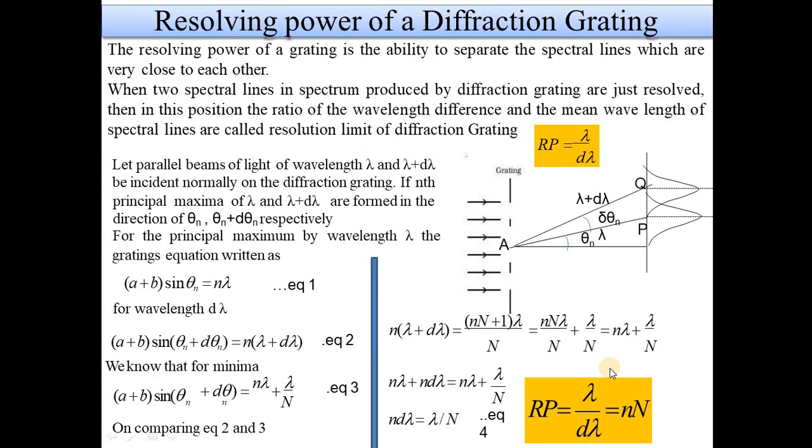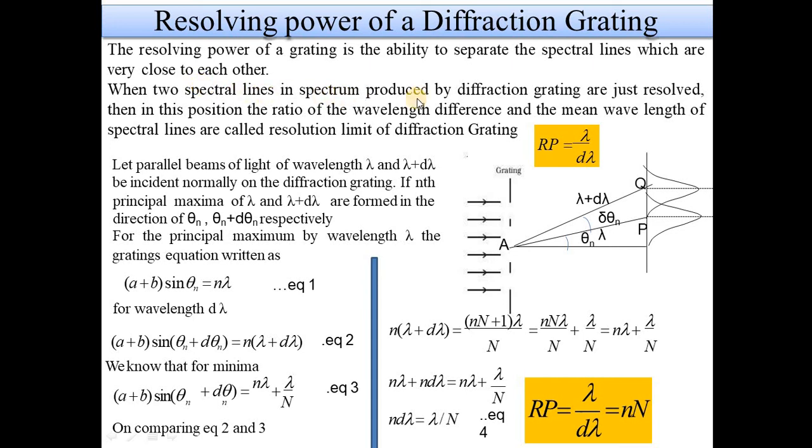So we are discussing the resolving power of a diffraction grating. What is the equation for the resolving power of a diffraction grating? As we have discussed before, the resolving power of a grating is the ability to separate spectral lines which are very close to each other.